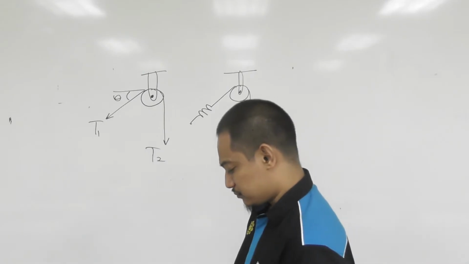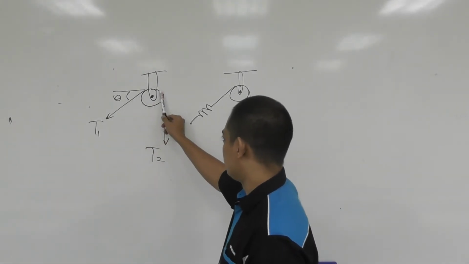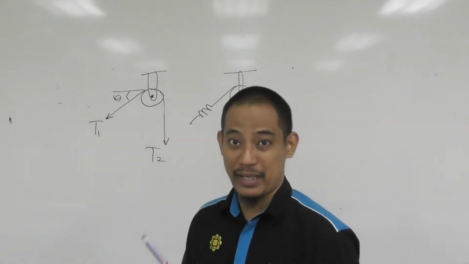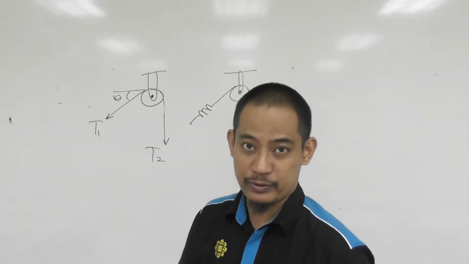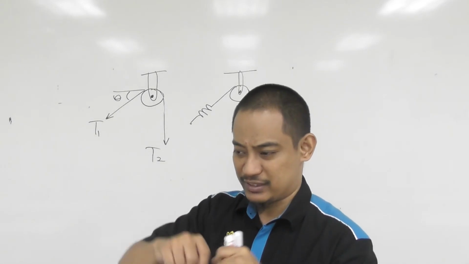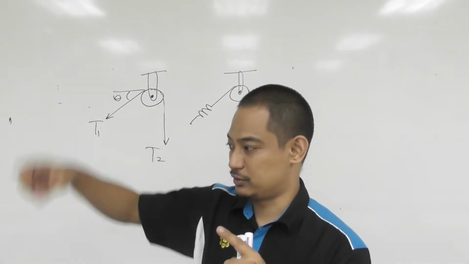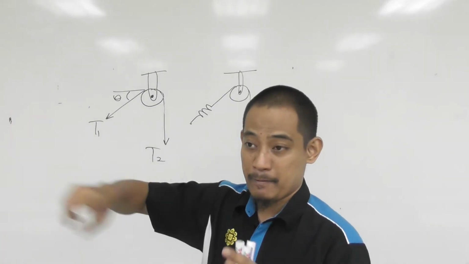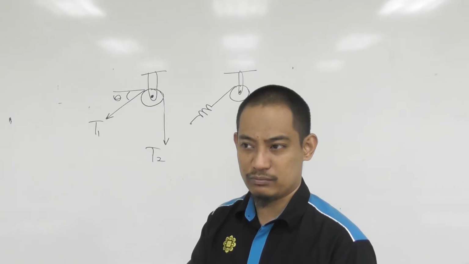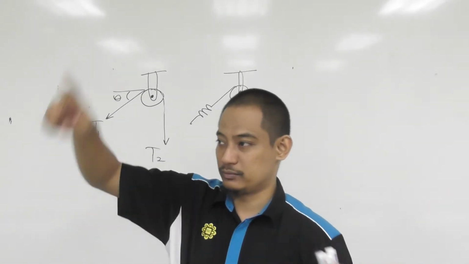Now, in this case, you have to understand that this one and this one are actually the same cable. It's the same rope, right? So the fundamental understanding is this. When you have the same cable, even though it goes across a pulley, it's still the same cable, and in one cable, you cannot have different values. It should have the same value throughout.